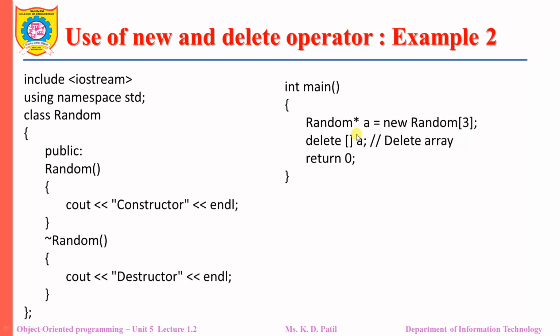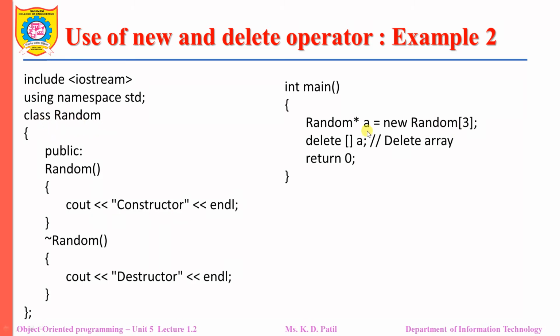Now when this main function is executed, the memory space associated with the three objects of type class random will be assigned, and those objects will be pointed to by this pointer variable a. So when I run this program, at the time of object creation, the constructor will be called and that cout statement will be executed 3 times, as I am creating 3 objects of type class random.